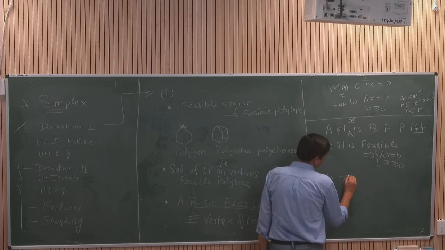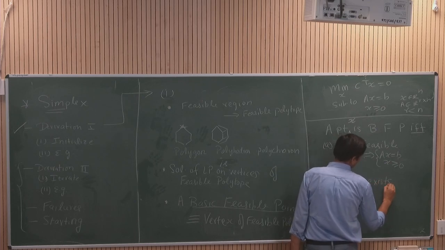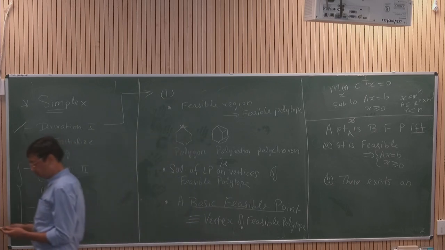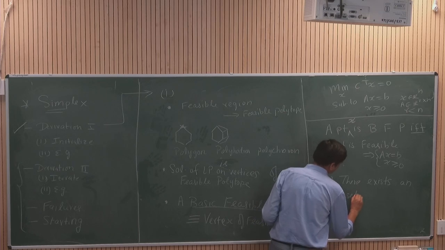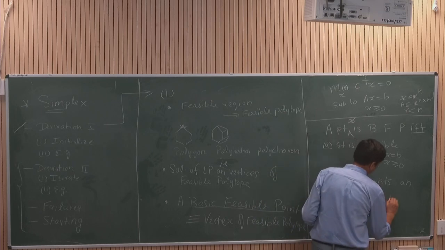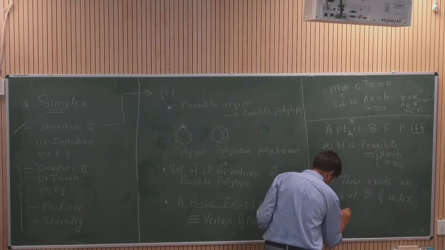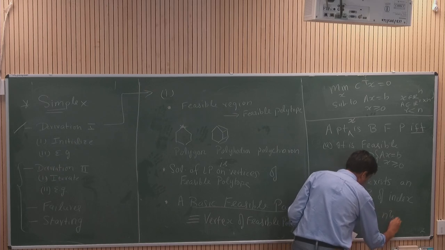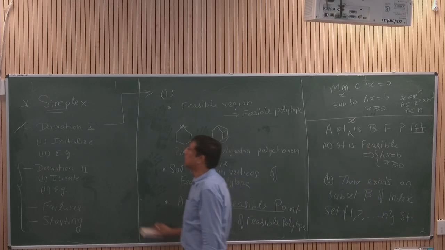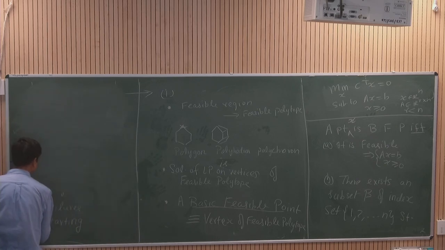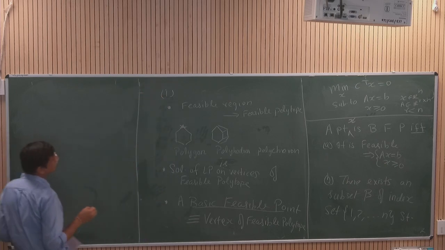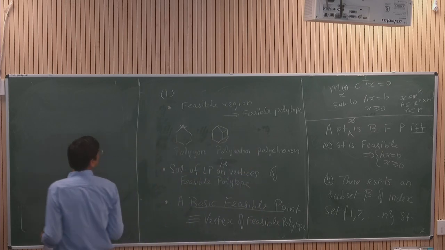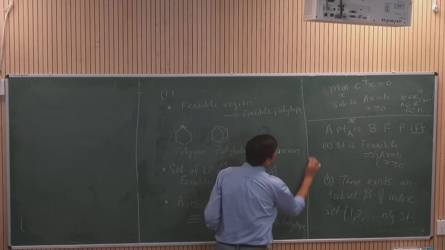So that part is, there exists a subset B (beta) of the index set 1 to n such that, so we're working on this basic feasible point.